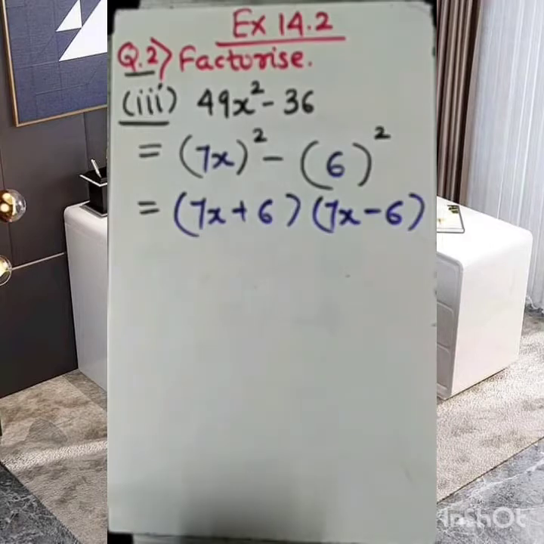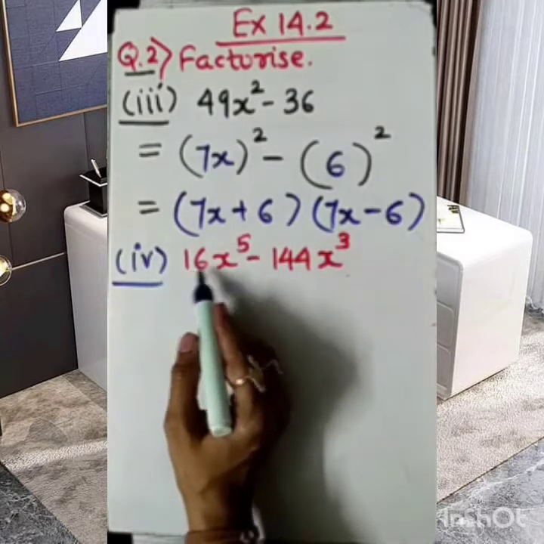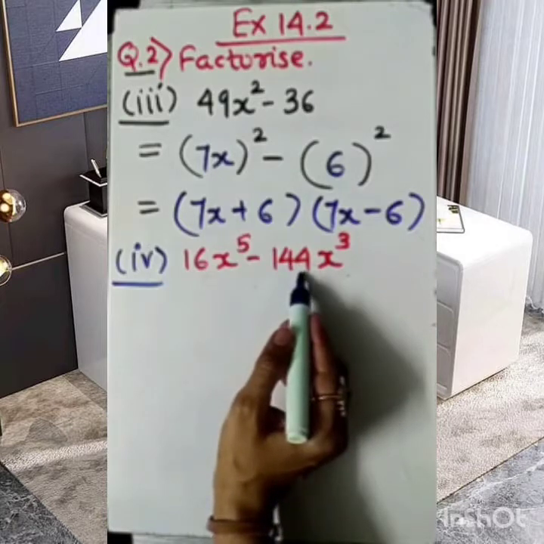Got it? Now let's move to the fourth. What are we given in the fourth? Let's note it down. The fourth is on your screen, dear students. 16x to the power 5 minus 144x cube. So let's try to understand how to solve this. Here there isn't anything obviously common in 16 and 144. Let's check.